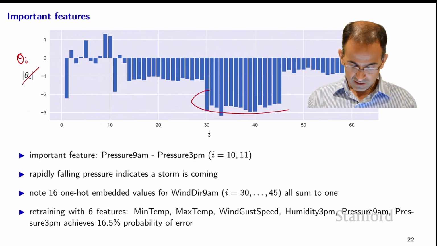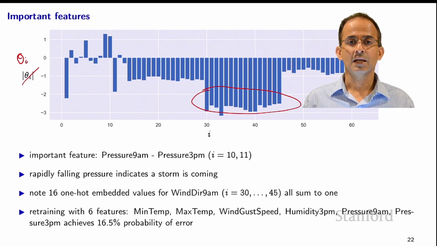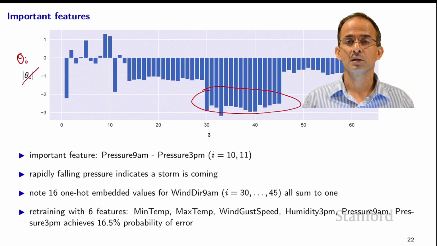These large values here don't matter because there are 16 of them, and those 16 entries of x are the one hot embedded values for wind near at 9 a.m. And because those columns are one hot embedded, they sum up to 1.